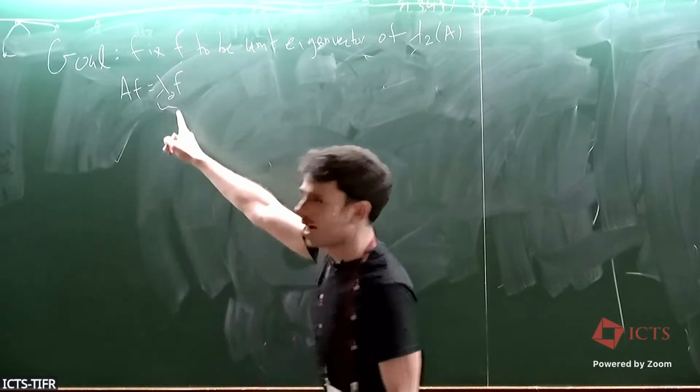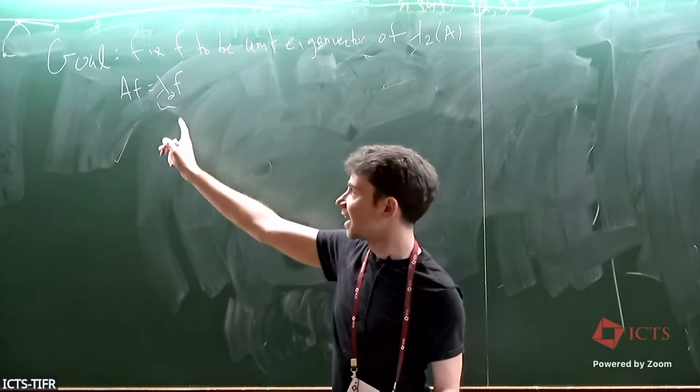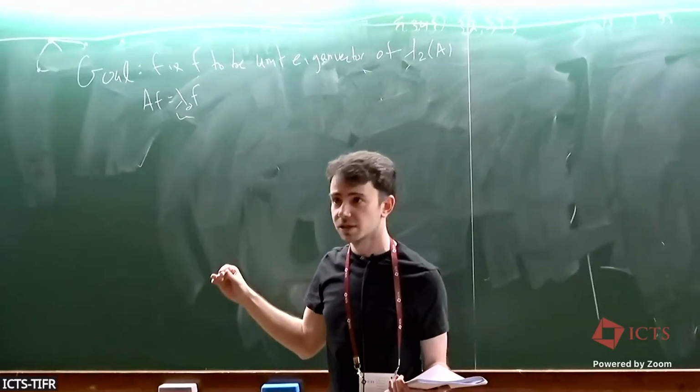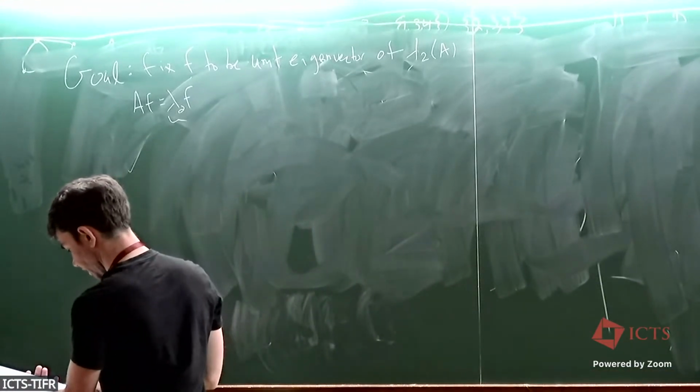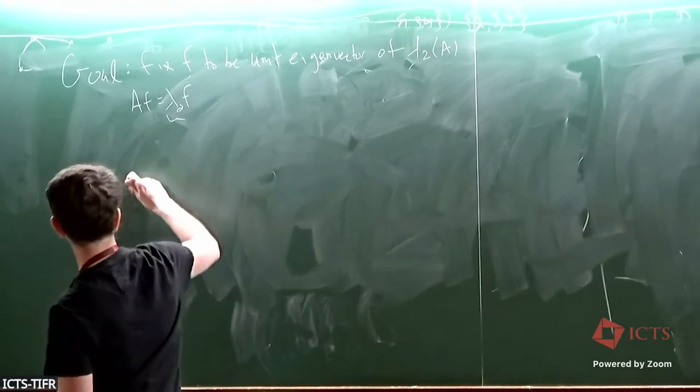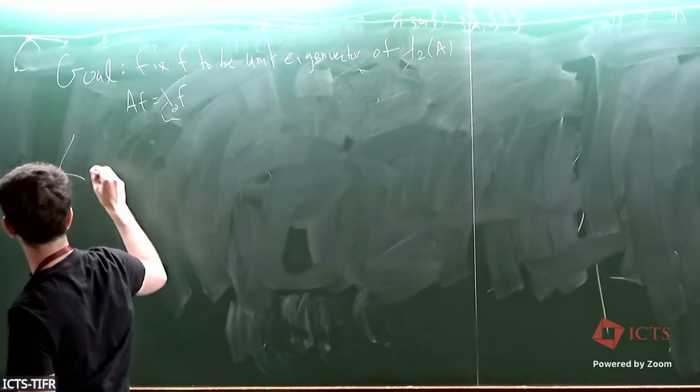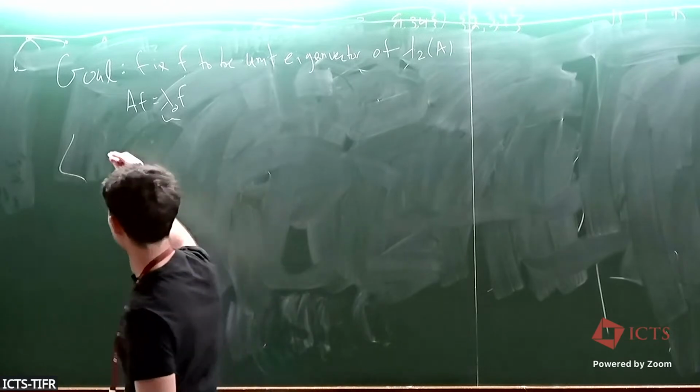And we're trying to bound lambda 2 here, where A is the graph of the one skeleton of the complex X.